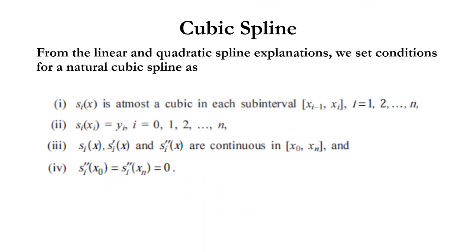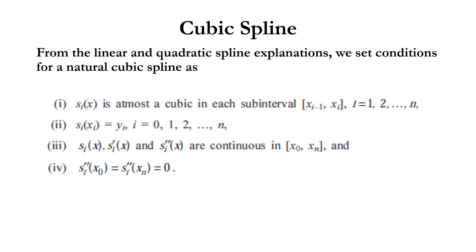So now let us see what a cubic spline is. From the linear and quadratic spline explanations, we set conditions for a natural cubic spline. The first condition: psi of x is at most a cubic polynomial in each subinterval [xi minus 1, xi], and psi of xi equal to yi, that is the basic interpolation condition.